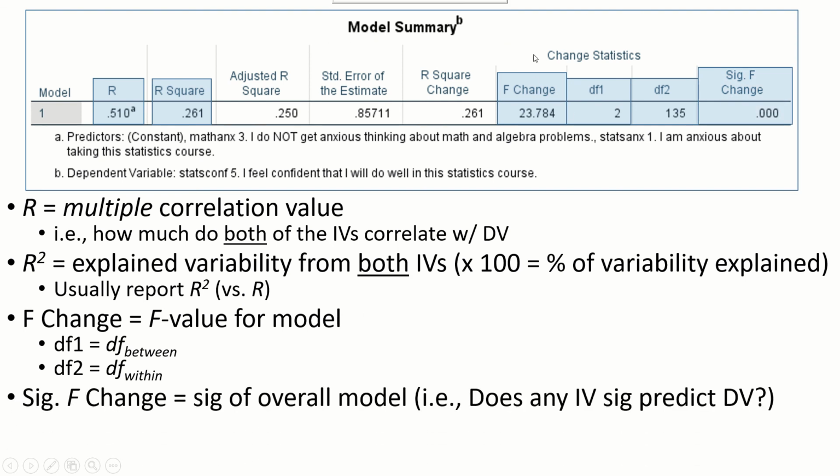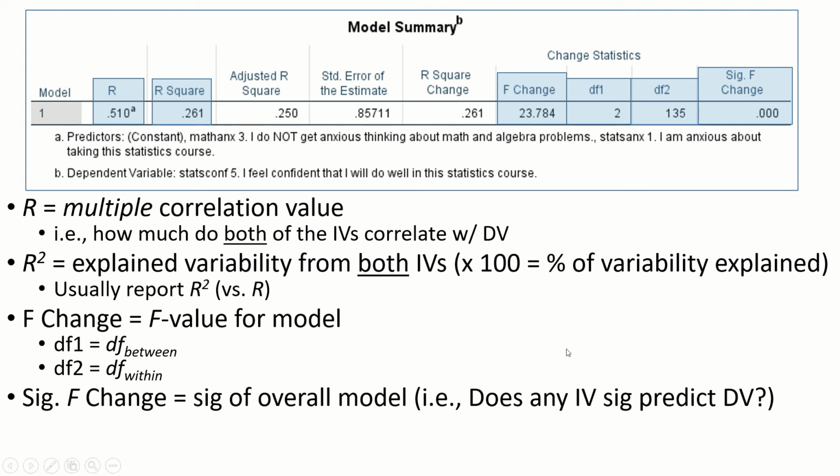All right, and so this F test, this F and sig value here, is testing the significance of the overall model, the total model here. That is, does any independent variable significantly predict the DV?